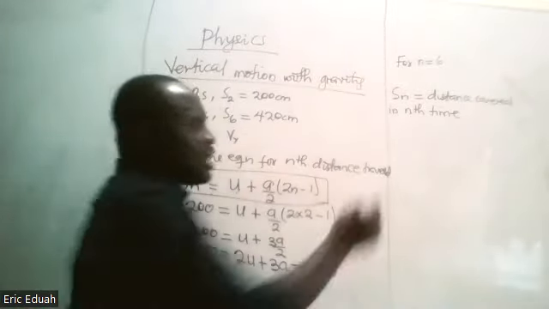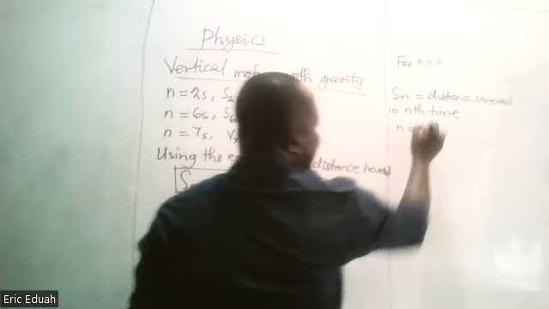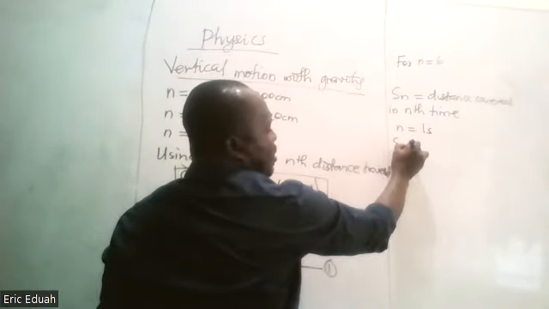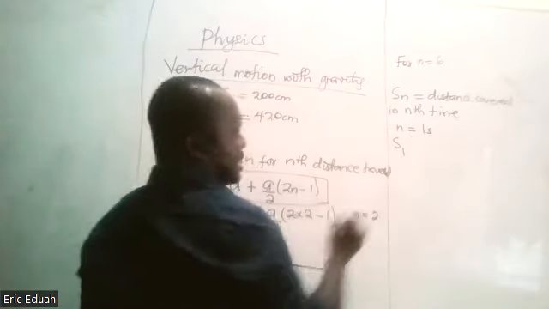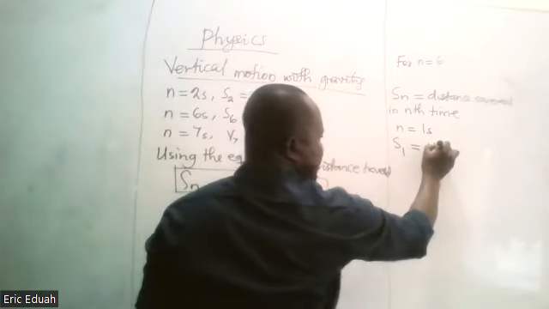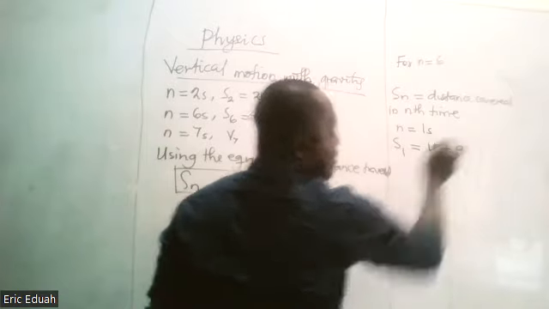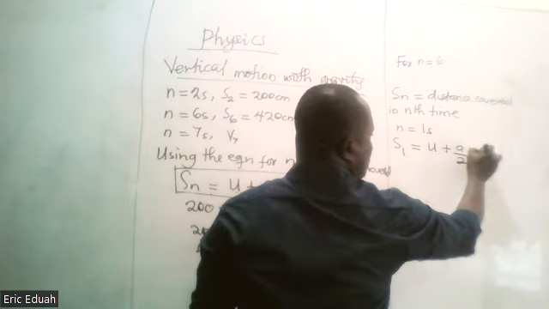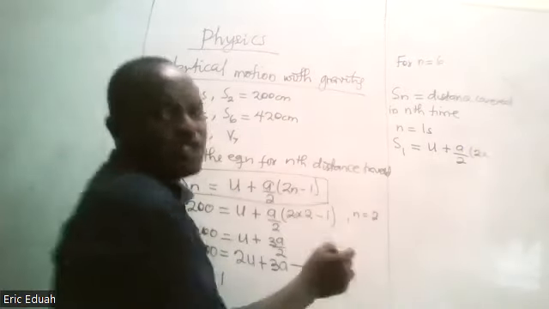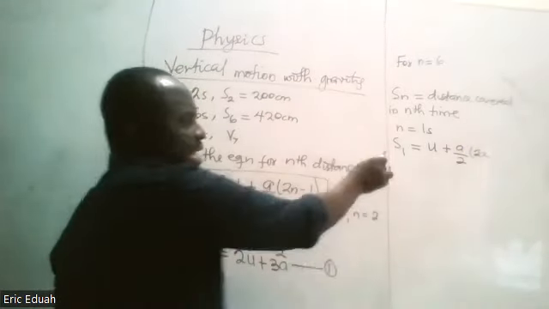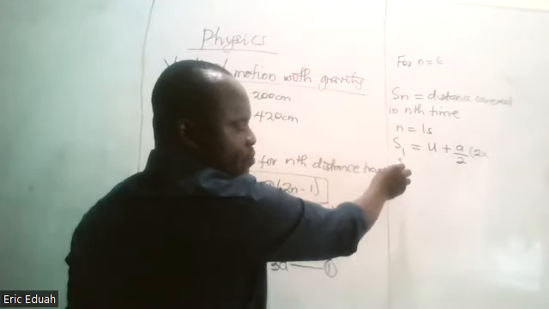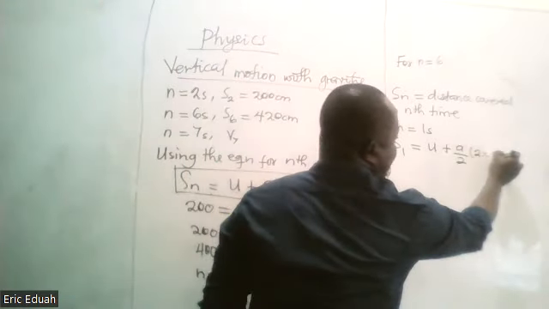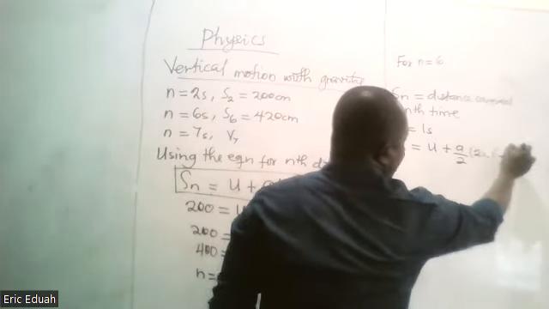The n can be any value. So if n is equal to 1, then it means 1 second, and you are looking for the distance covered at a time of 1 second. That will be equal to the initial velocity plus the uniform acceleration of the body divided by 2 times 2n minus 1. What's the n in this particular situation? 1 second. So you put 1 there, minus 1.